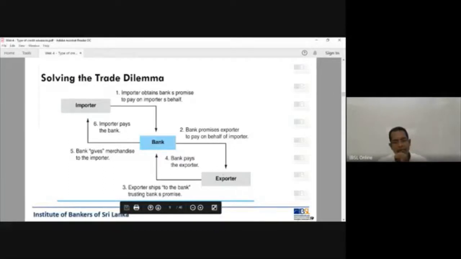The importer comes to the bank and gets a promise from the bank to pay the exporter on behalf of the importer, right? The importer applies to the bank to get this benefit. Then once it is granted, the bank promises the exporter, okay, you send the goods and send me the documents, I will pay. The bank says this to the exporter.